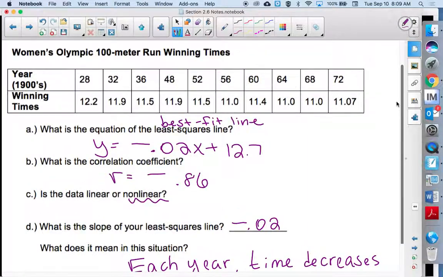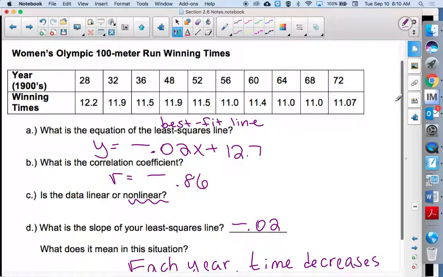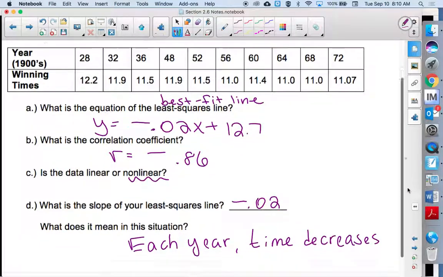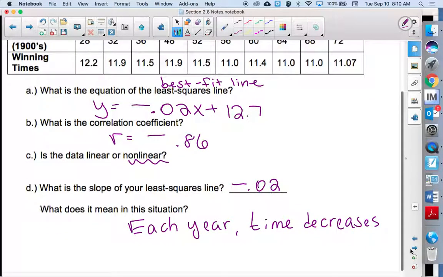That's a good question, it is still each year. So even though you're plugging in those 4 years, when you calculate the slope, it would still be negative 0.02 over 1, but very good question. So each year the time decreases, it goes down by negative 0.02, and then don't forget that's in seconds.